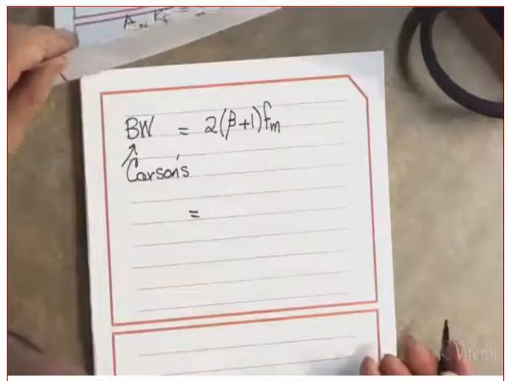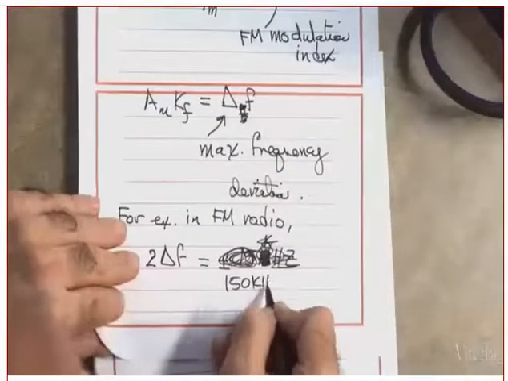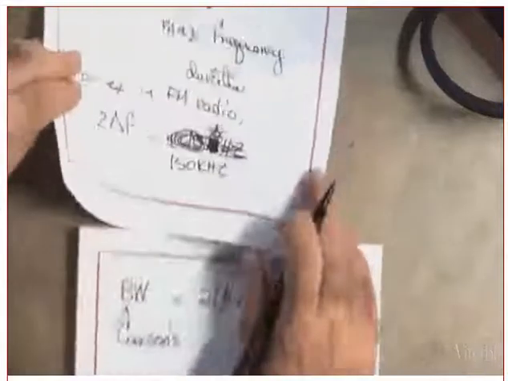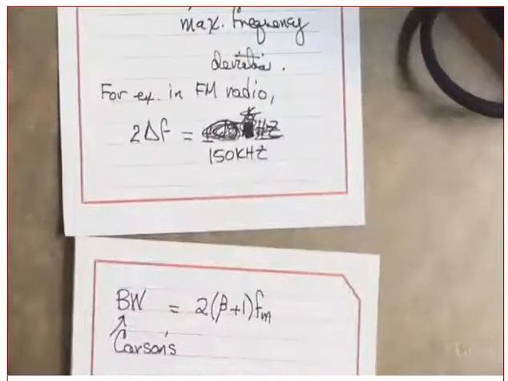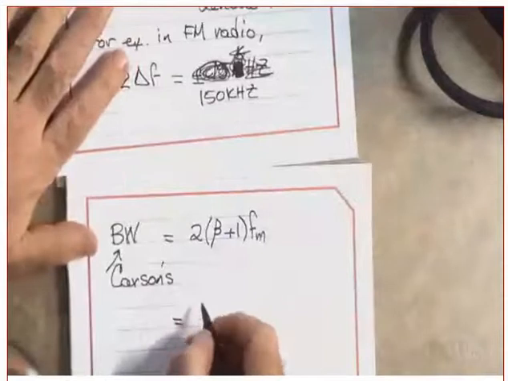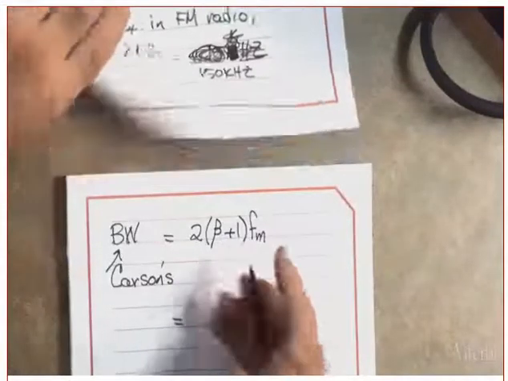Did I mess up? No. Two delta F is what? On one side and then on the other side. Each one is delta F, so 2 delta F. So what is it? 2 beta times F_m. This is the delta F.